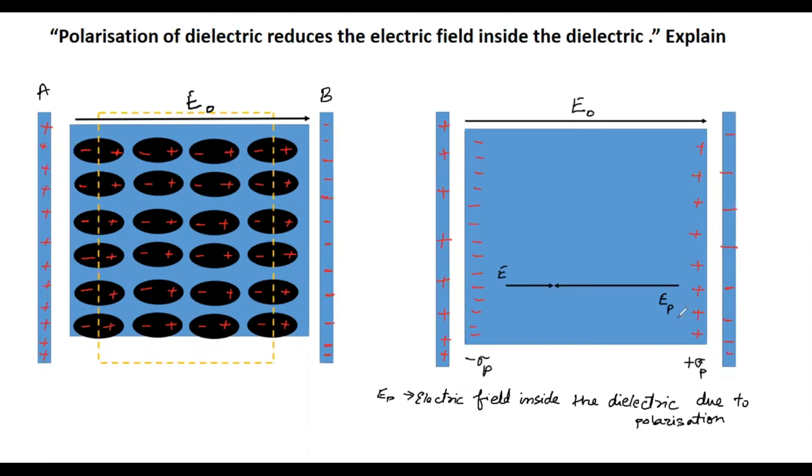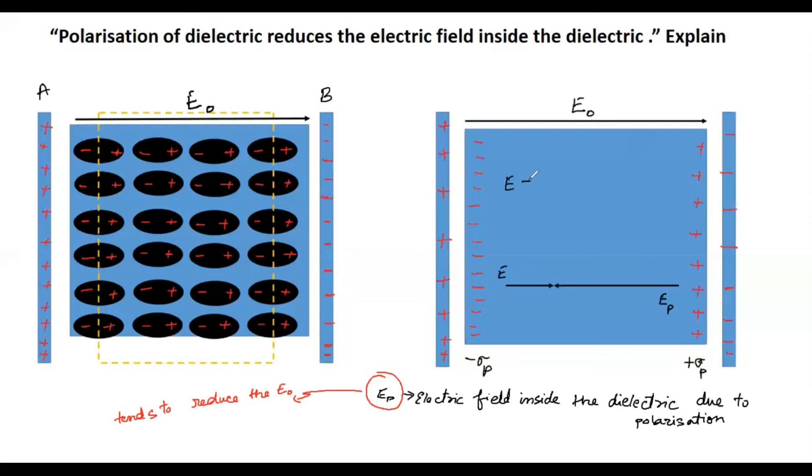And this E suffix P, that means electric field due to polarization, reduces the external electric field E naught. It tends to reduce the E naught value, right? And since it tends to reduce this E naught value, you have a certain net electric field.